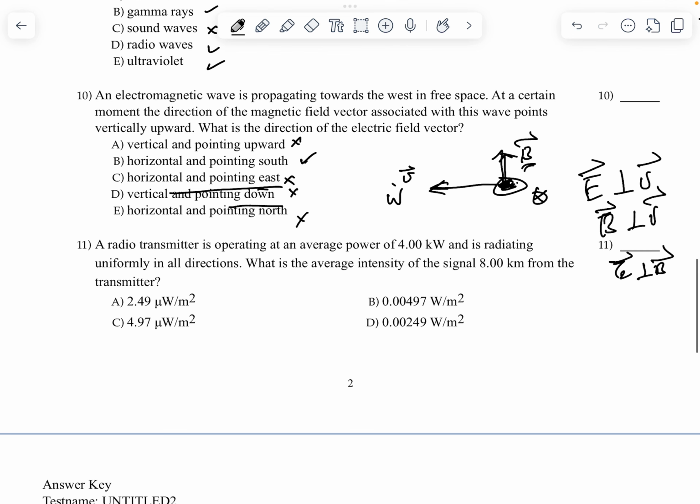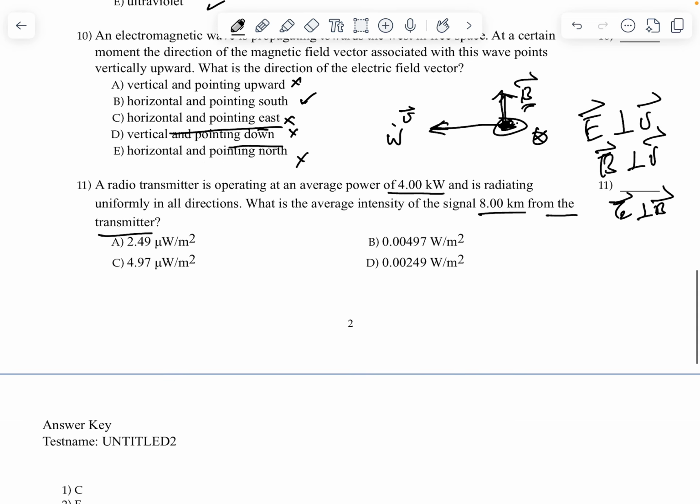Number 11. A radio transmitter is operating at an average power of 4.00 kilowatts, radiated uniformly in all directions. What is the average intensity of the signal at this distance in kilometers from the transmitter?